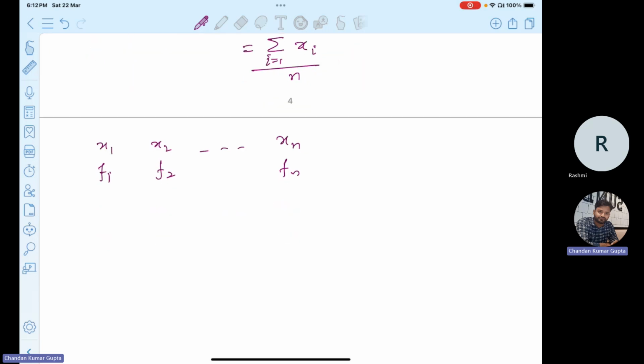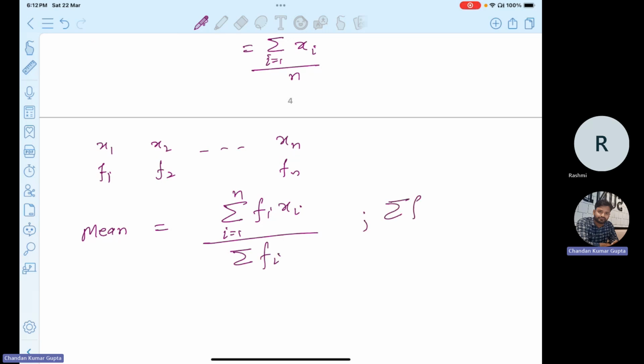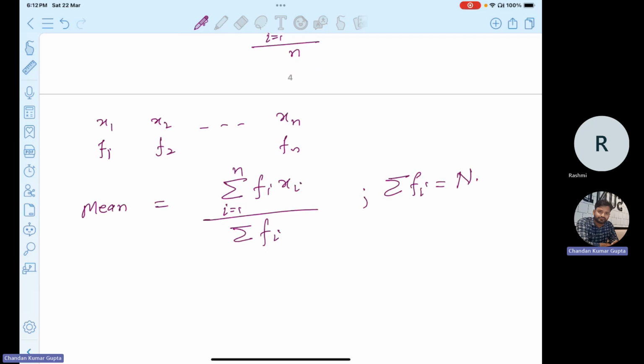In that case, the mean value can be calculated as summation over fi xi, i from 1 to n, divided by summation of fi. We sometimes use summation of fi equal to capital N for ease. This is one of the simplest formulas to calculate the mean: sum of observations divided by number of observations. The same can be written as summation of fi xi divided by summation fi when we are given a frequency distribution.